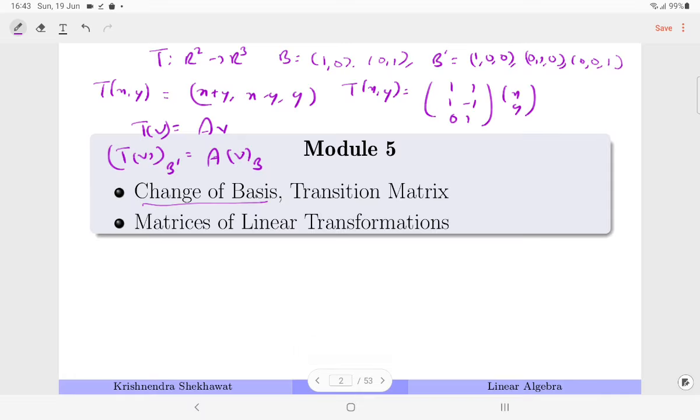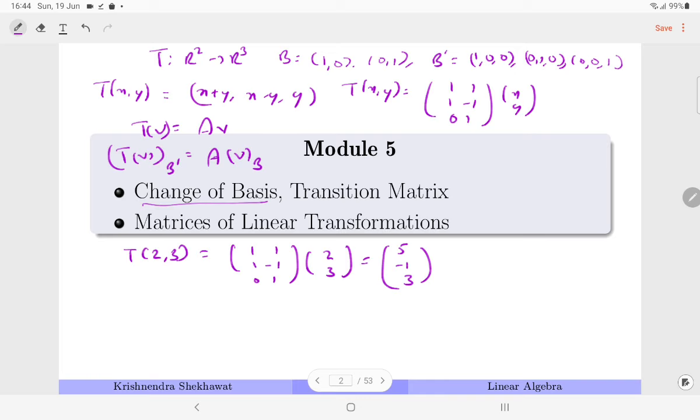And in that case, it's again interesting to observe what A is. But let's see what is happening here. So for example, if I write T of (2, 3), then T of (2, 3) is [1 1; 1 -1; 0 1] multiplied by (2, 3), which is (5, -1, 3).